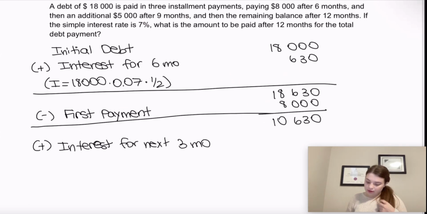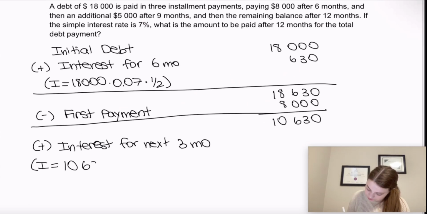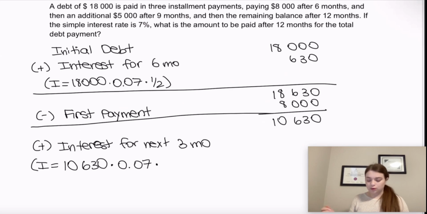That interest is going to be equal to our balance at this point, which is $10,630 times 0.07, so 7% interest, and then times the number of years, which 3 months is the same as a quarter of a year, so times 1/4. And that is going to be 10,630 times 0.07 times a fourth, because it was only a fourth of the year and not the full year. So that's going to be $186.03.